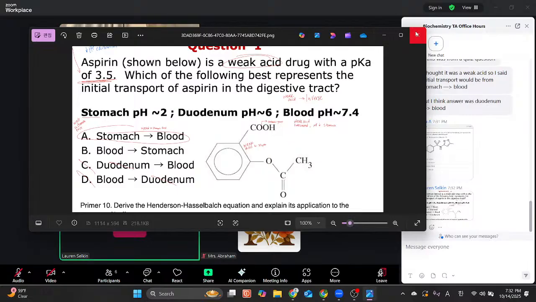I wasn't sure if you can go based on just saying it's a weak acid, because the other one was also a weak acid. I guess what you're saying is that it's closer to the duodenum pH, so it will go to the duodenum first and then go to blood. Okay, that makes sense. Thank you. Of course.